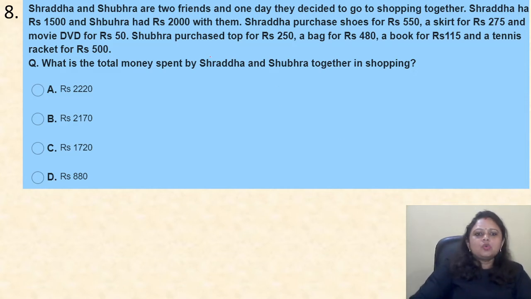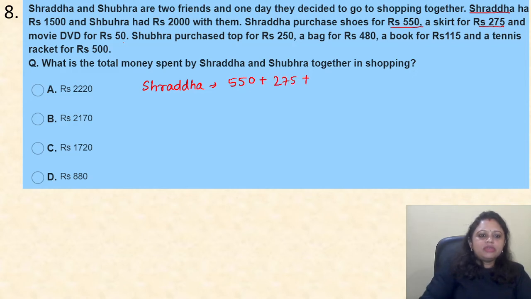Okay, so yes, for Shraddha, let us write: purchased shoes of rupees 550, then skirt for rupees 275 and movie DVD for rupees 50.